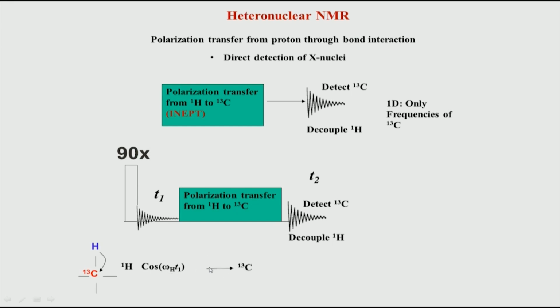Then we transferred the polarization to C13, which detected the chemical shift of carbon, which I will call omega C or B. B is the second nucleus.